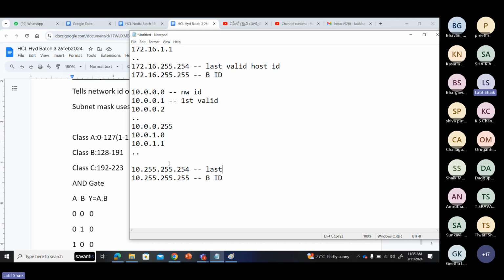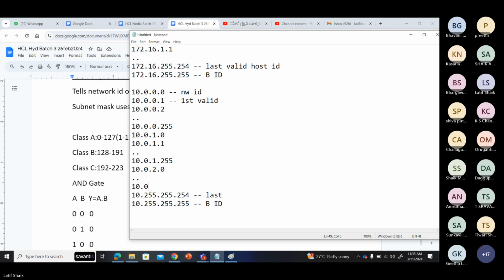It looks small, but if you want, I will make it much bigger. Okay, so you reach 255, 255. What will be there? Sorry, 1.255 you reach 10.0.2.0. So it goes on like 10 dot 255, 255.